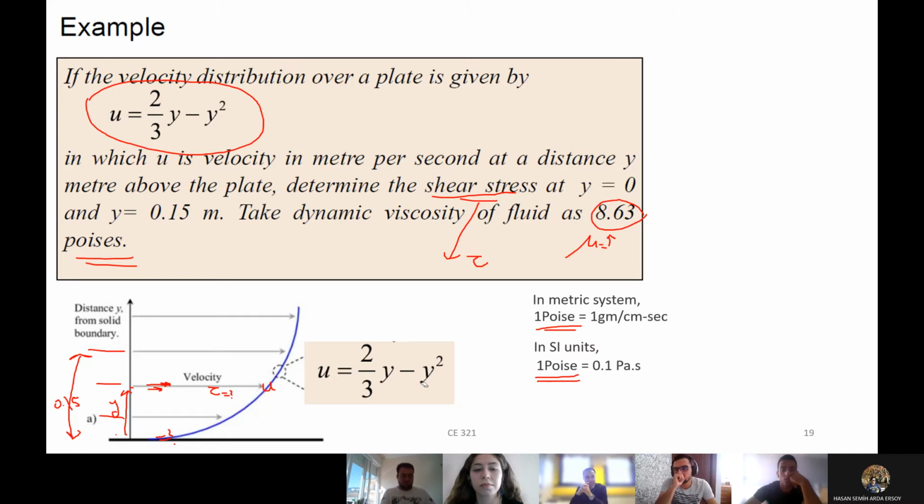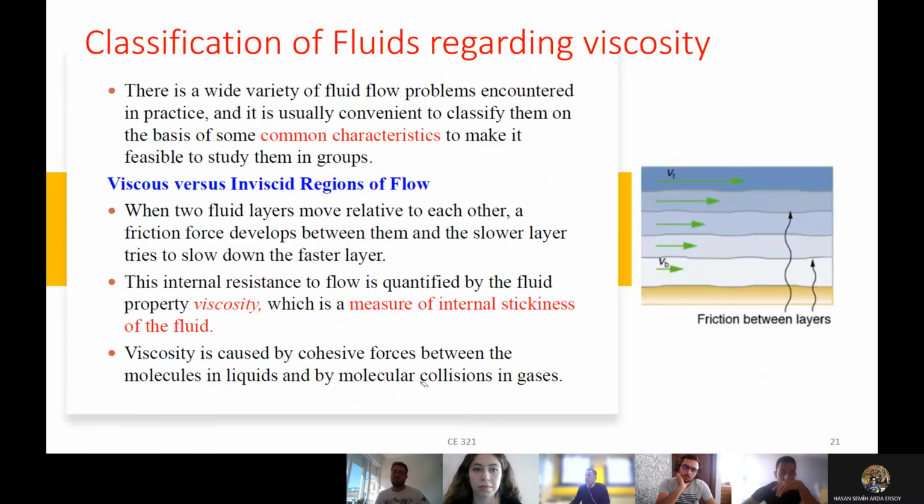If velocity is 0, shear stress is the maximum. This was an example of how we use Newton's law of viscosity to find shear stress at any point in a given body of liquid.